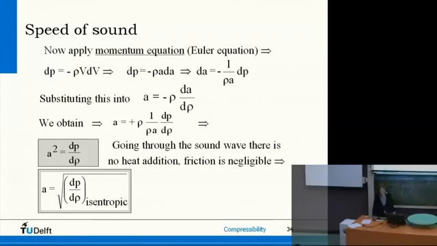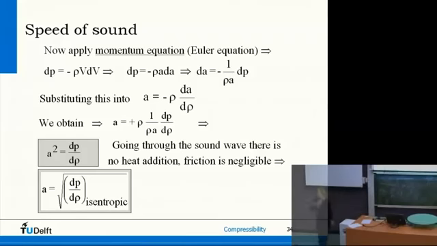And putting them together, I get A is equal to minus rho, and then I substitute dA is minus 1 over rho A dP. Right? So the rho drops out. I have A here. So I find that A is equal to 1 divided by A times dP over d rho, or A squared is equal to dP over d rho.